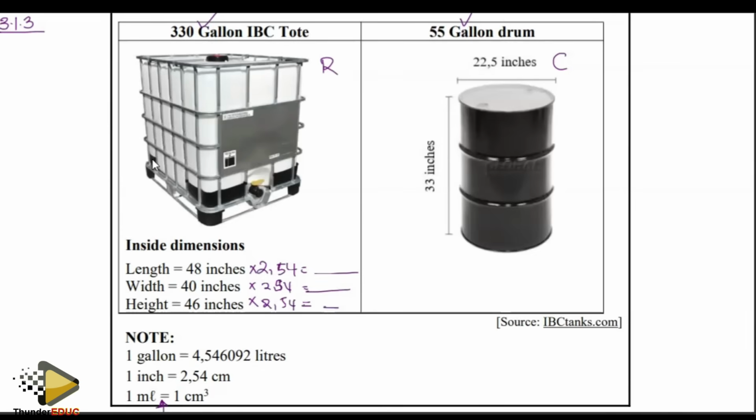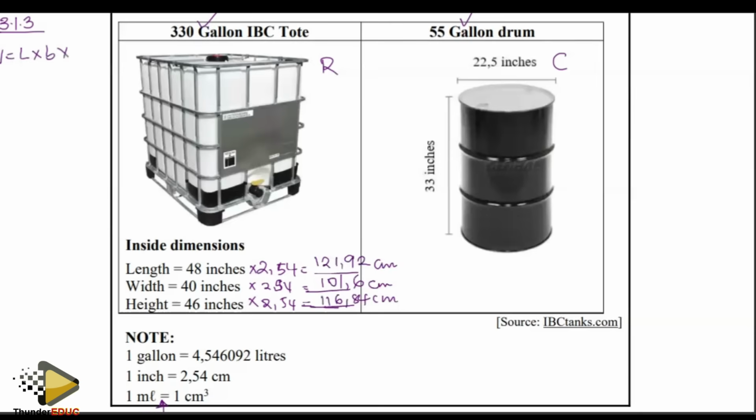We change inches to centimeters. 48 times 2,54 is 121,92. 40 times 2,54 is 101,6. Then 46 times 2,54 is 116,84. So all these are centimeters now.